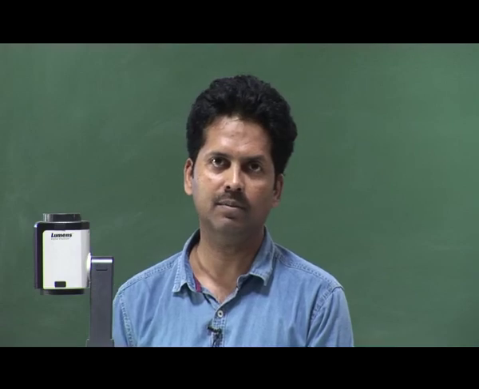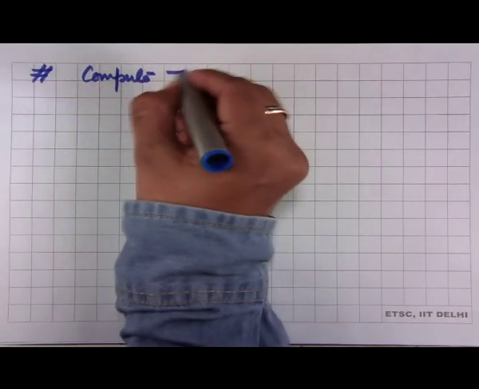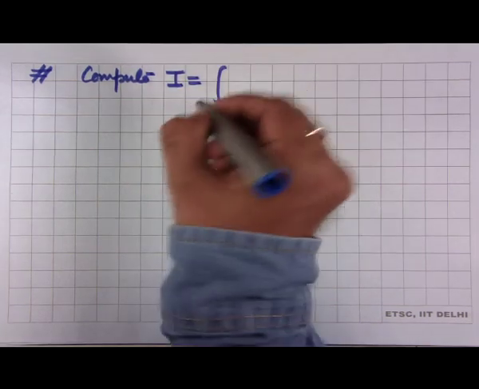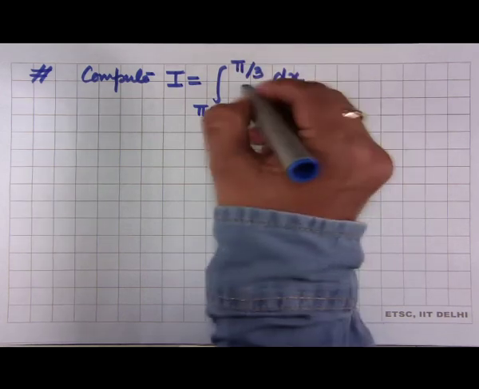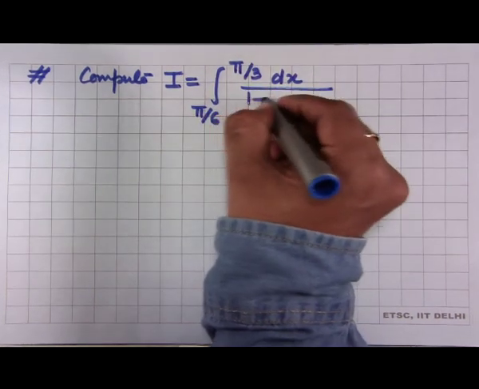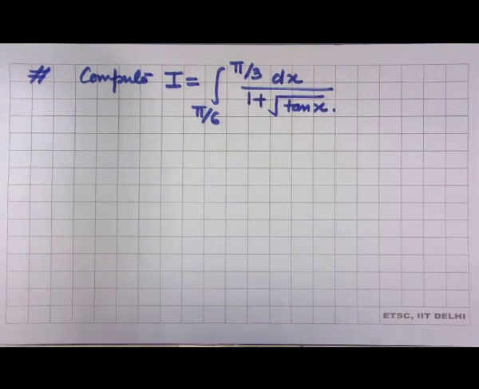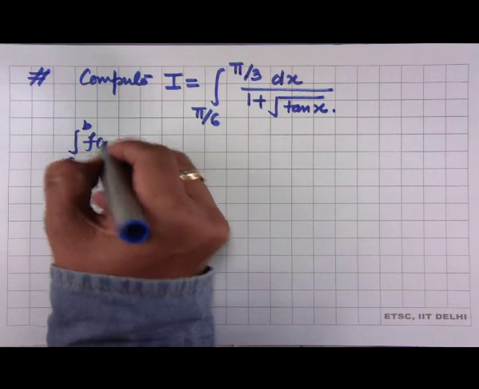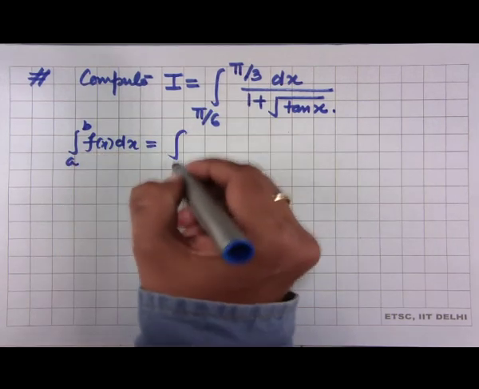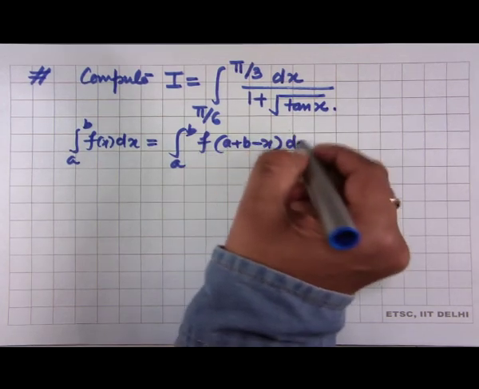Let us take another example. Compute the integral... so you remember this property: integral from a to b of f(x) dx is equal to integral from a to b of f(a plus b minus x) dx.